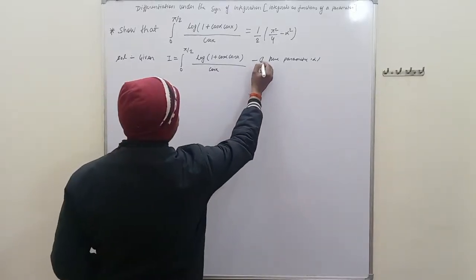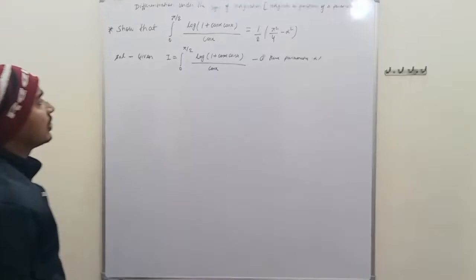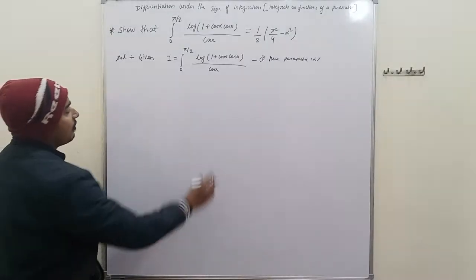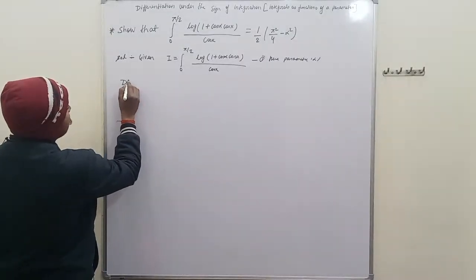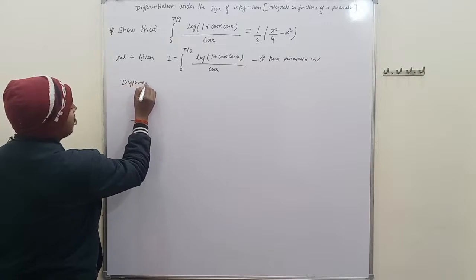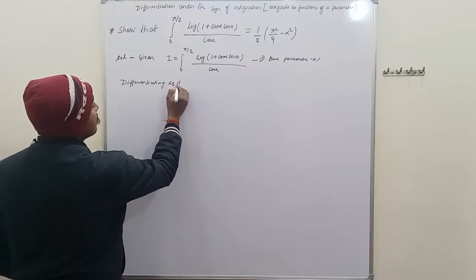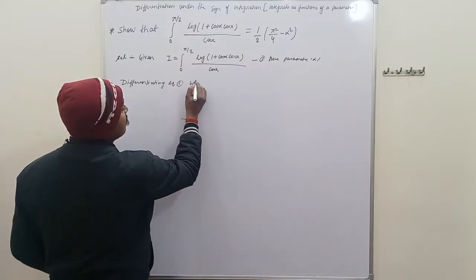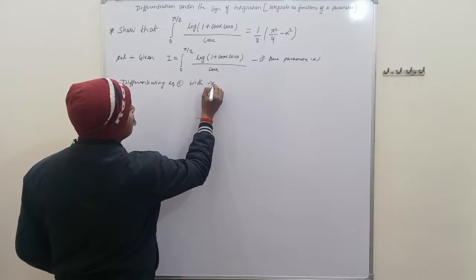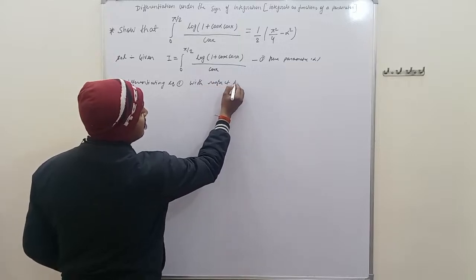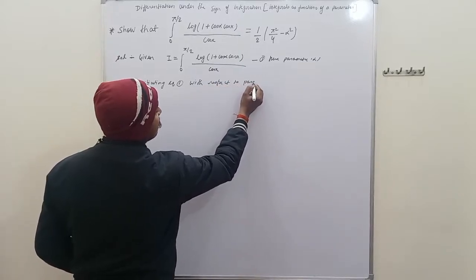Write this as equation 1, and differentiate equation 1 with respect to the parameter alpha.